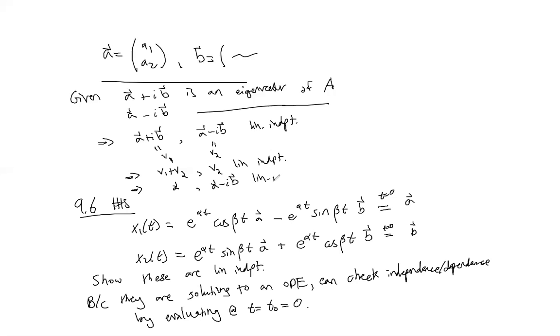So these are linearly independent, which should imply that A and iB are linearly independent, or just B, in fact.